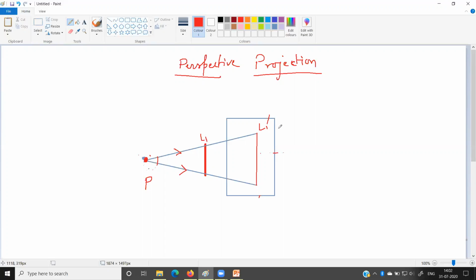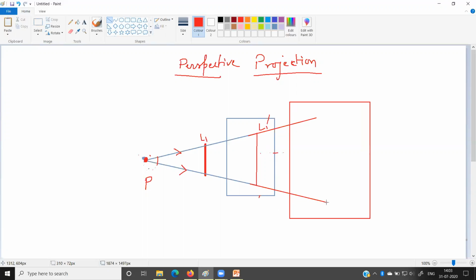But in case of perspective projection, if you change the position of the projection plane, so instead of putting the projection plane over here, we put it somewhere here, definitely you can see that your projection will be taken somewhere here, something like that.